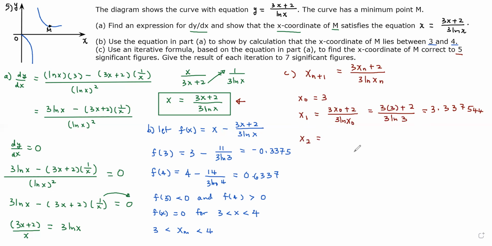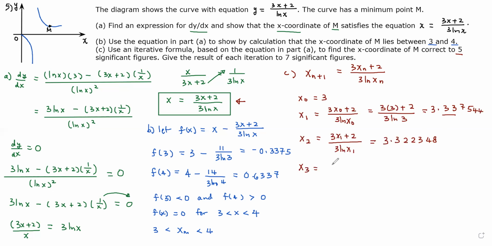Then x sub 2 is (3 x sub 1 plus 2) over 3 ln x sub 1. We use this value to compute x sub 2 now. We just put all these values in and use a calculator. That gives us 3.322348. To 5 significant figures, they do not converge.